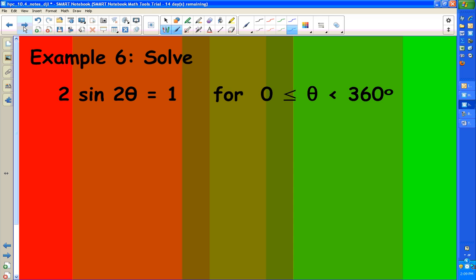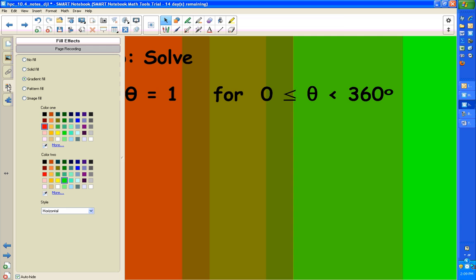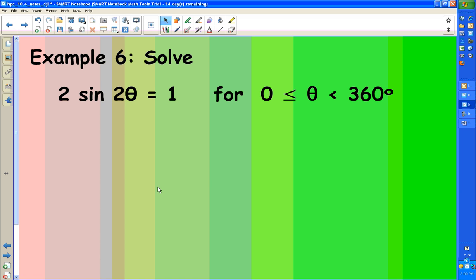So this last one's going to be a little bit trickier. Now you might be tempted to switch out the sine 2 theta. It's really not necessary. How can we solve this?